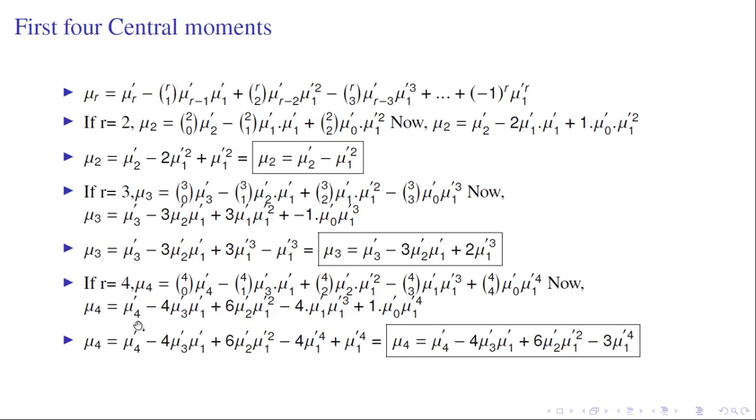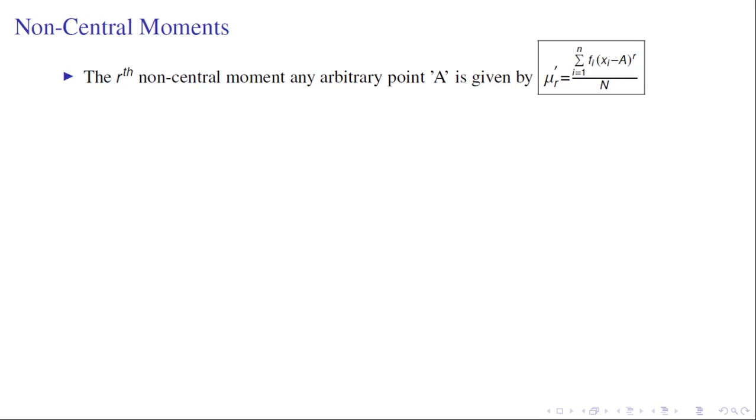This is nothing but mu 4 dash minus 4 mu 3 dash mu 1 dash plus 6 mu 2 dash mu 1 dash whole square minus 4 mu 1 dash mu 1 dash whole cube, plus mu 1 dash power 4. Here, with negative sign 4 mu 1 dash whole power 4, and with plus sign 1 mu 1 dash whole power 4, so minus 4 plus 1, minus 3 here. This is the first 4 central moments in terms of non-central moments.